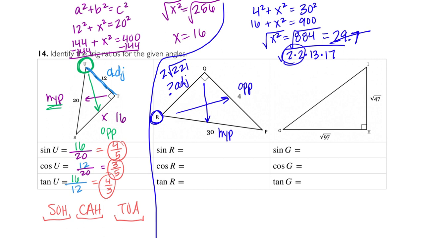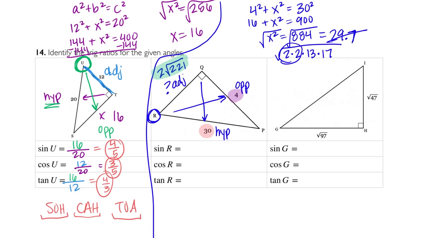Okay, so we know what the opposite side is. We know what the hypotenuse is, and now we know what the adjacent side is. So sine is opposite over hypotenuse, SOH, SOHCAHTOA, SOH.